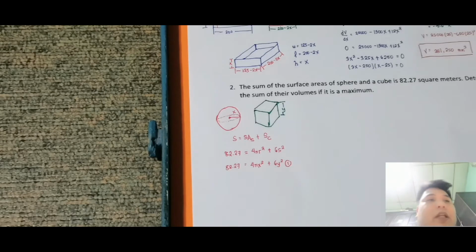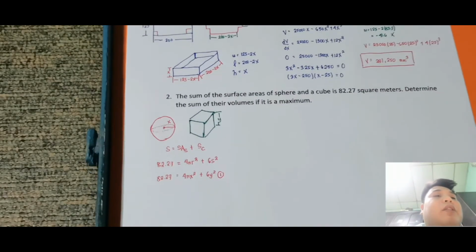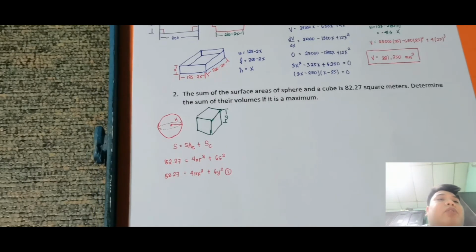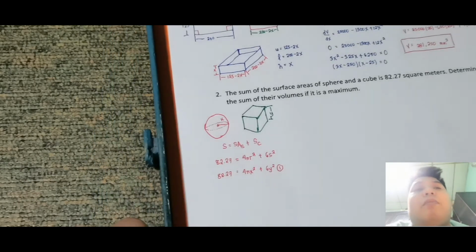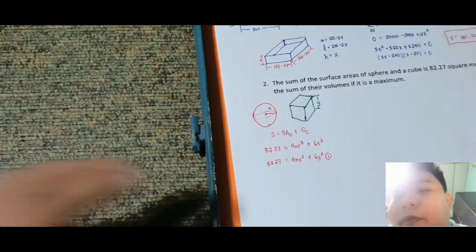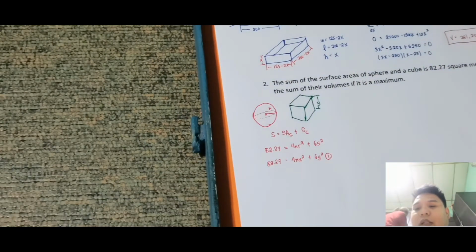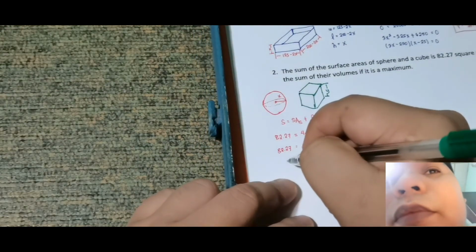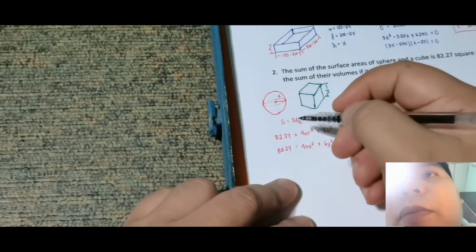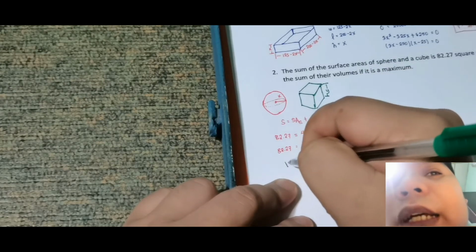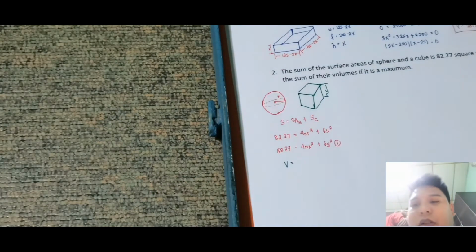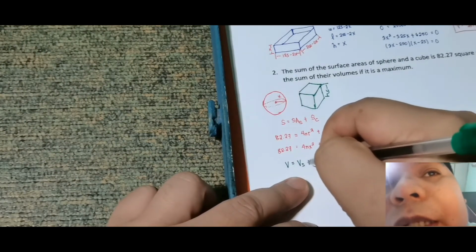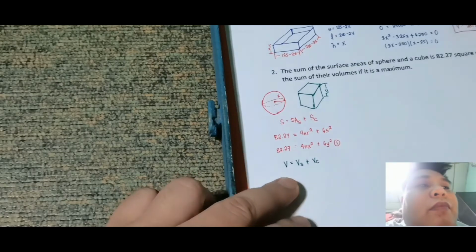Then next is yung ating optimization o yung ating objective function. So the objective function is determine the sum of their volume if it is maximum. So meaning yung sum ng volume. So ano ba name ko sa sum ng volume natin? So I guess B na lang. Sum of the volume. So let's say B is equal to the volume of the sphere plus volume of cube.